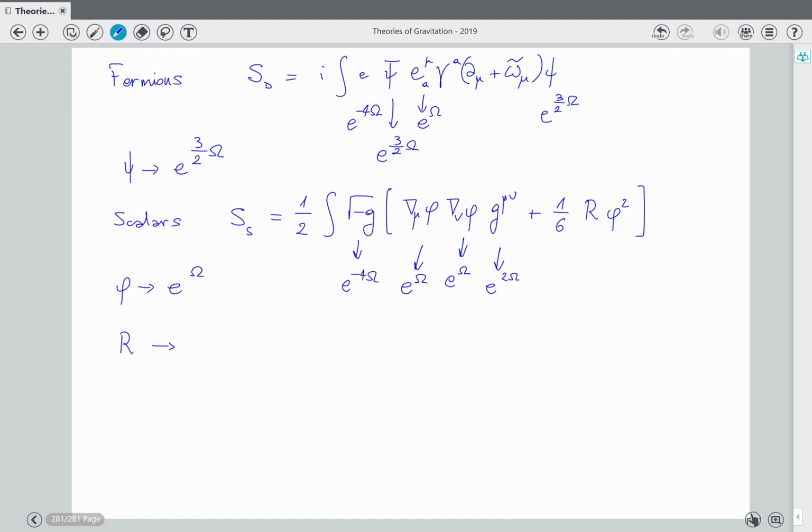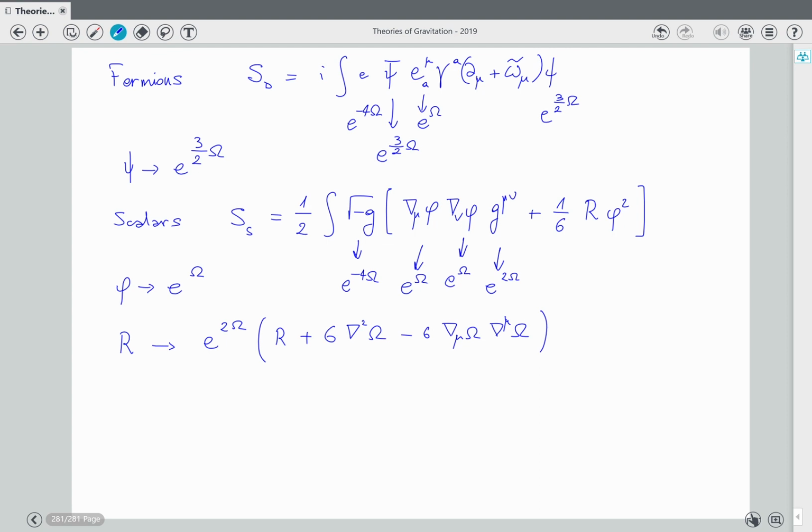It goes into e to the 2 omega times R plus 6 del squared omega minus 6 del mu omega del mu omega.